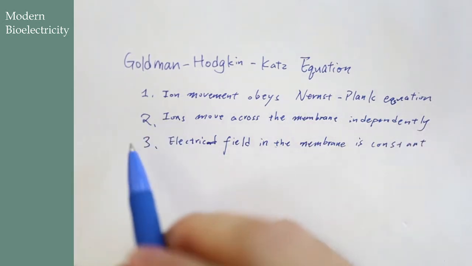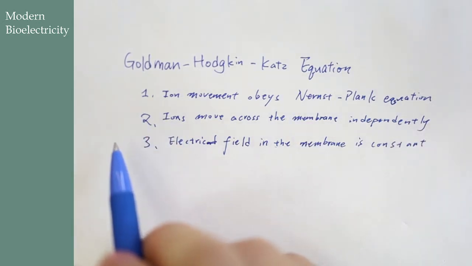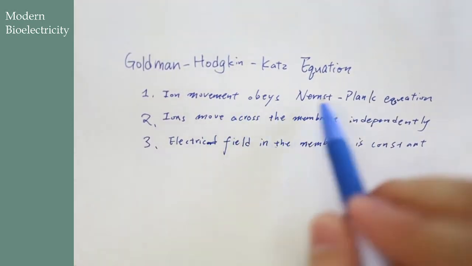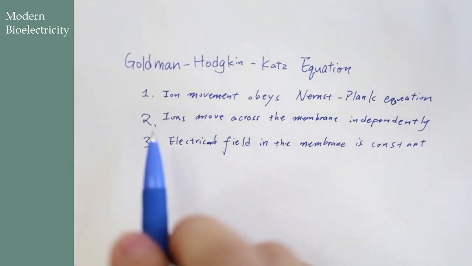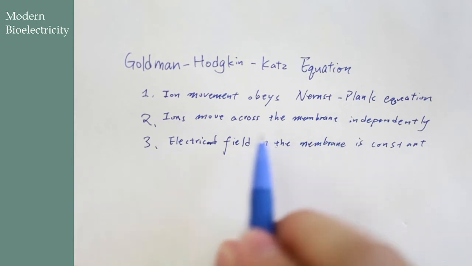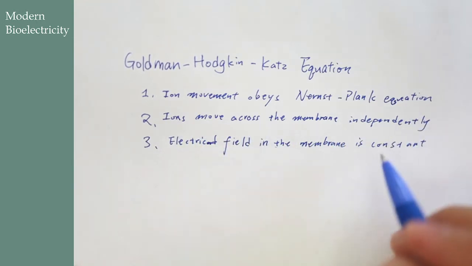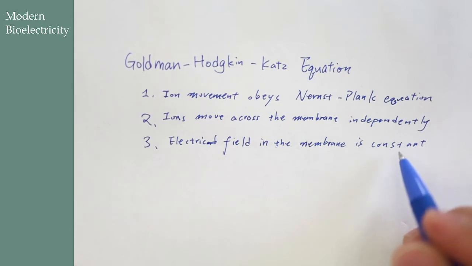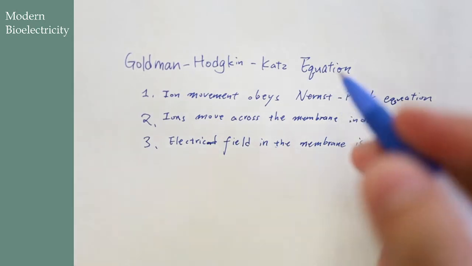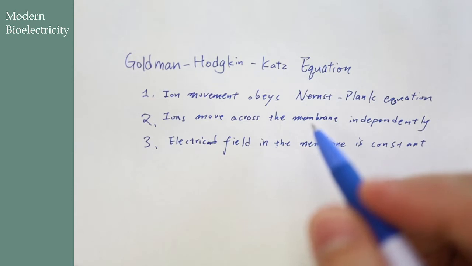So if the ions across the membrane follow these three rules, that the ion movement obeys the Nernst-Planck equation, all the ions move across the membrane independently, and the electric field in the membrane is constant, then they fit the assumptions of the Goldman-Hodgkin-Katz equation.